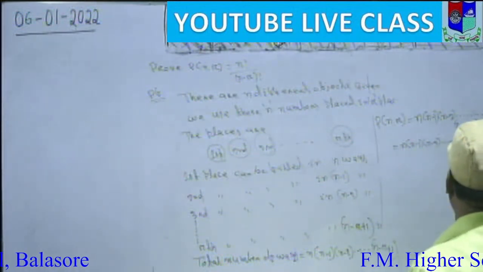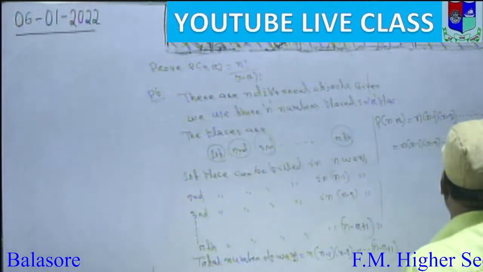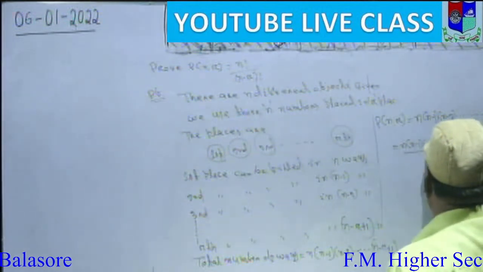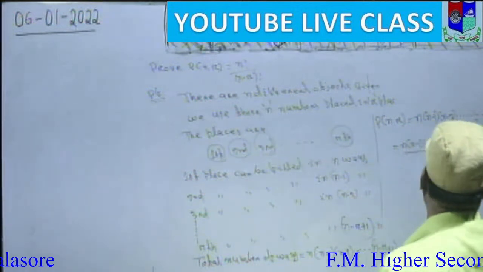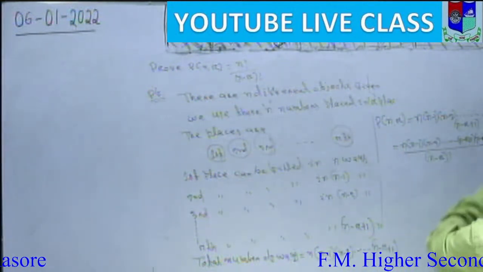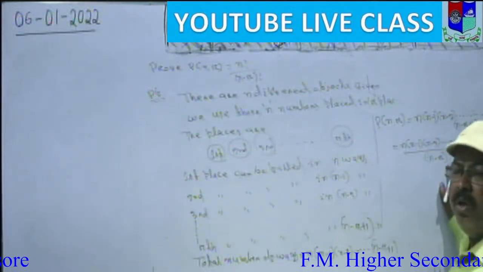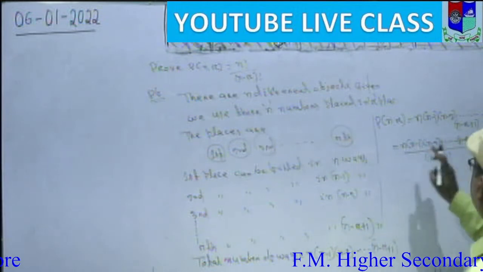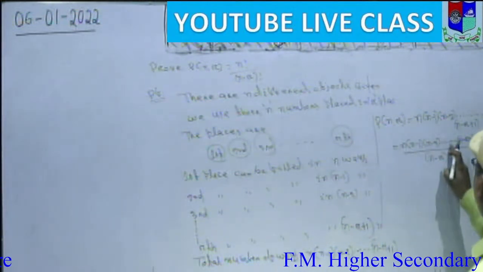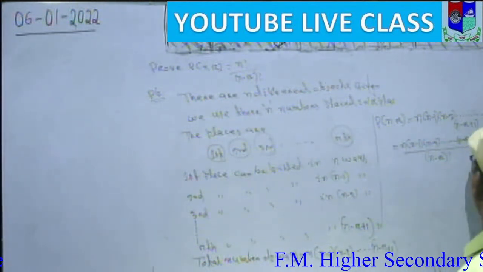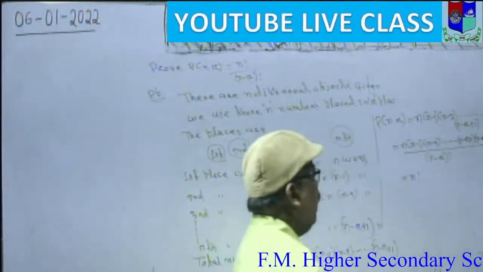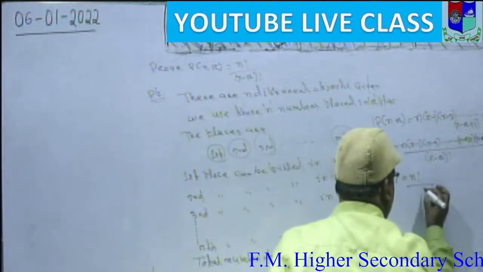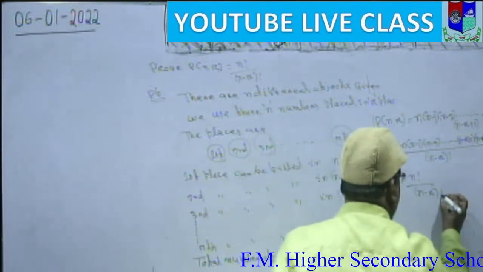Why do we multiply this n minus r factorial in numerator as well as in denominator? If we multiply, then all are consecutive natural numbers from n to 1. So we can write this as n factorial divided by n minus r factorial.